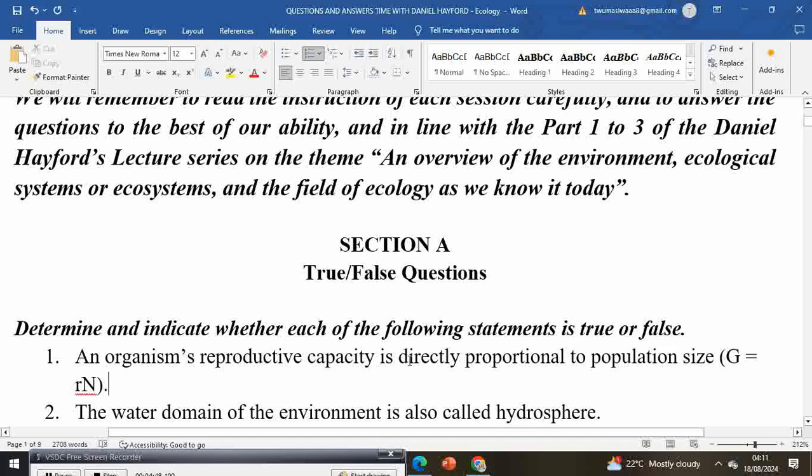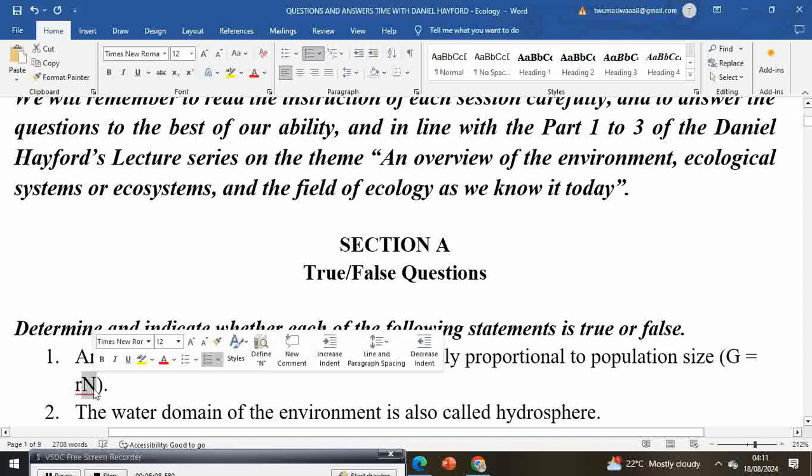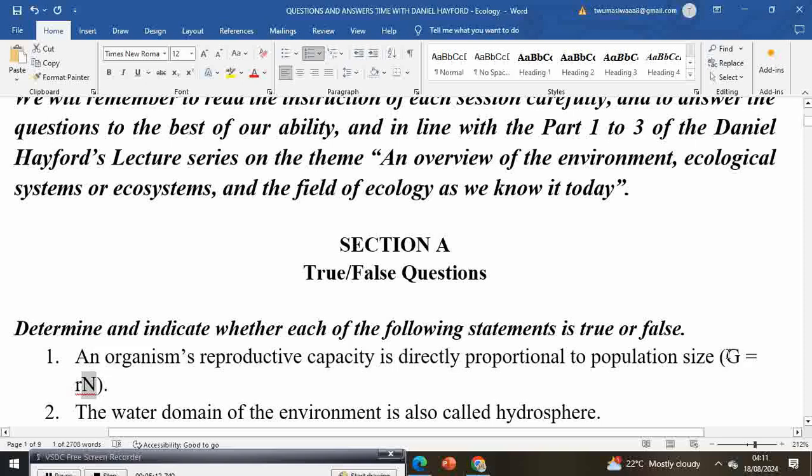And then again, if we base on the formula alone, to get the organism's inherent capacity r, we would have to divide both sides of the equation by capital N. So this N will cancel the one that is below, but the G will have capital N below it, which will remain.